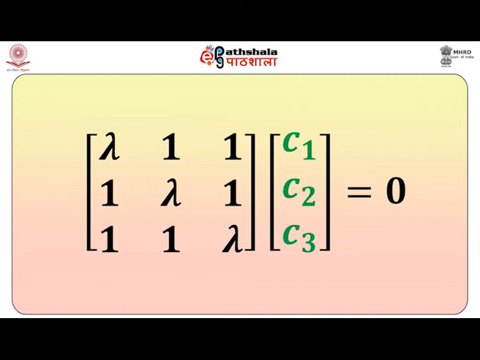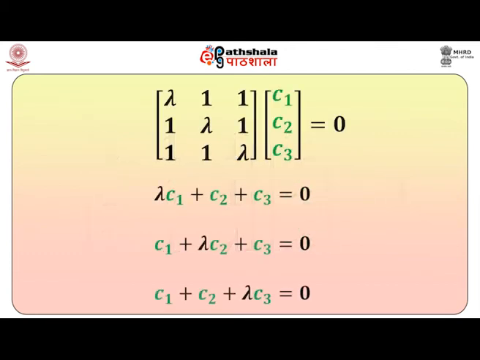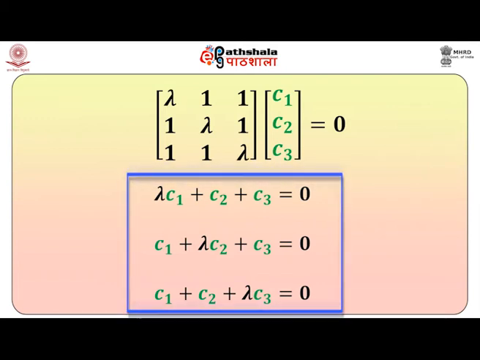These are clear. First is the Huckel determinant, and the next is a column determinant which is having the coefficients C1, C2 and C3.